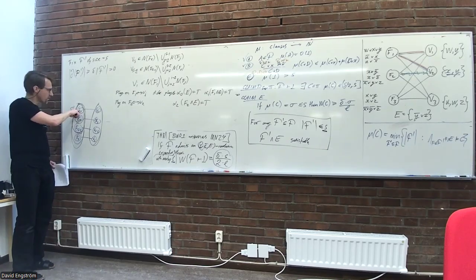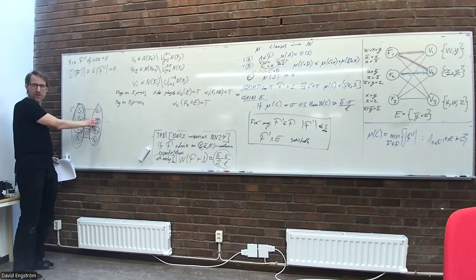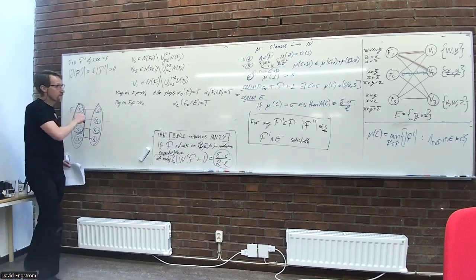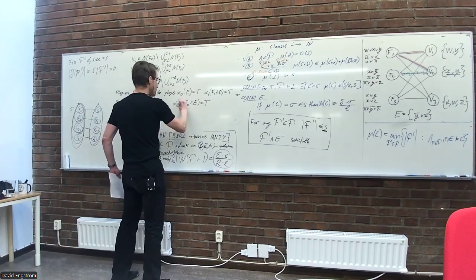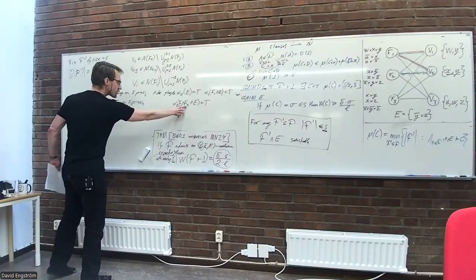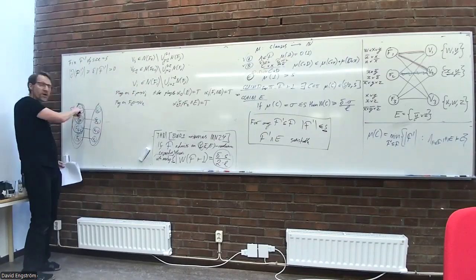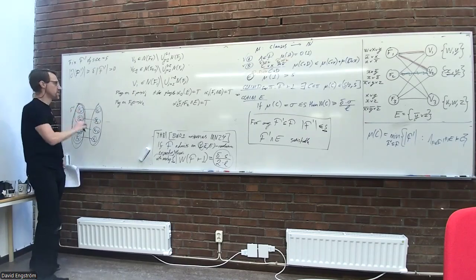Nothing, because no variables in here appear in here. If so, this would have been a neighbor of this. So we're also satisfying F2, and we're not changing F1 because these variables don't appear in here.